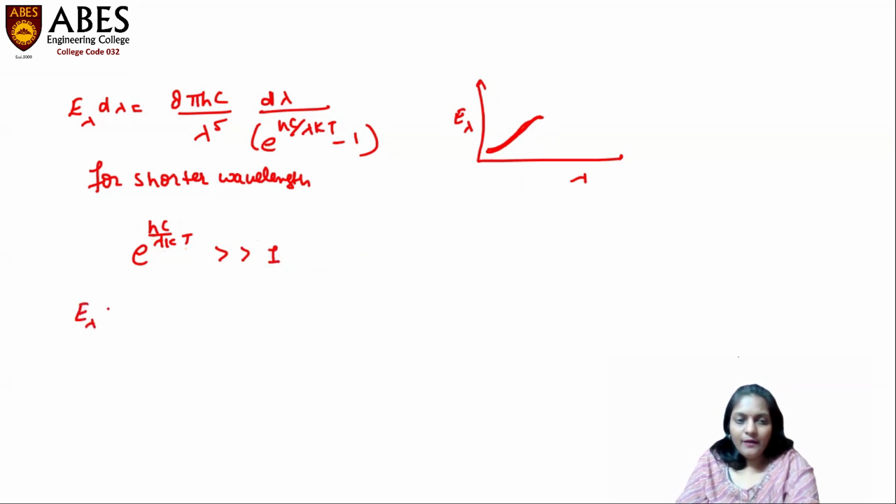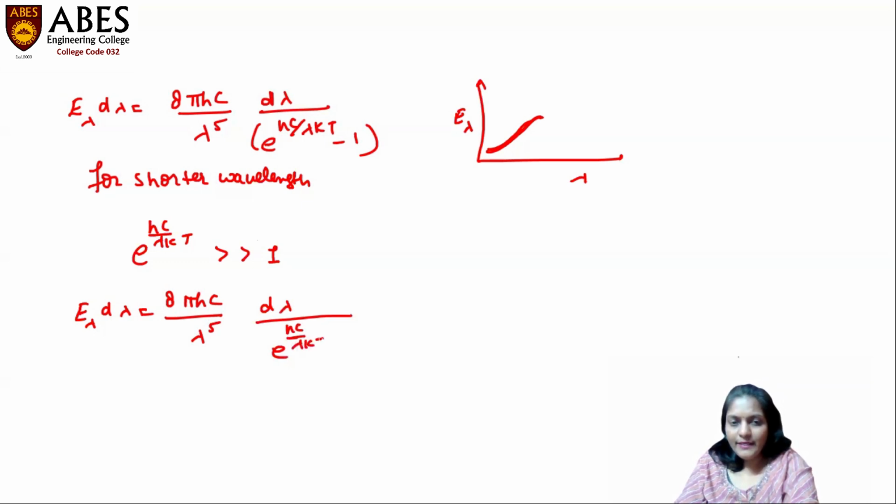And E lambda d lambda becomes 8 pi hc upon lambda raised to the power 5 d lambda upon e raised to the power hc upon lambda kT, and 1 is neglected.